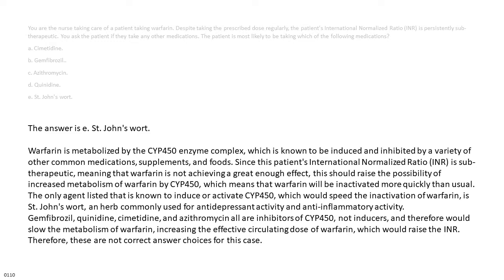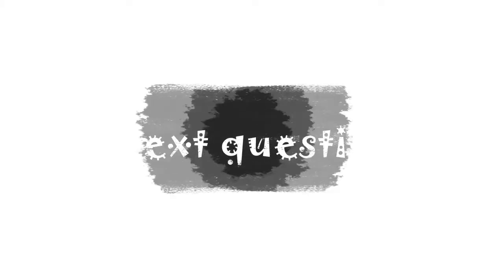Gemfibrozil, quinidine, cimetidine, and erythromycin all are inhibitors of CYP450, not inducers, and therefore would slow the metabolism of warfarin, increasing the effective circulating dose of warfarin, which would raise the INR. Therefore, these are not correct answer choices for this case.